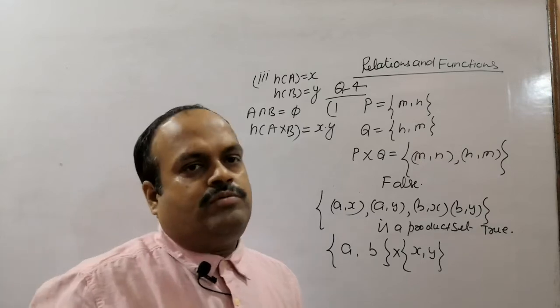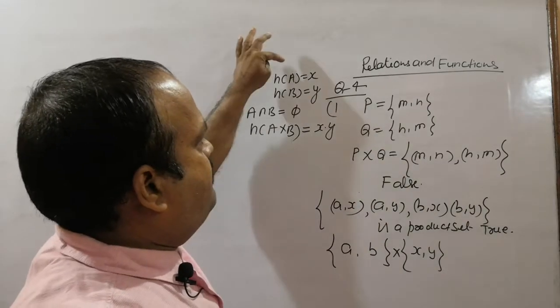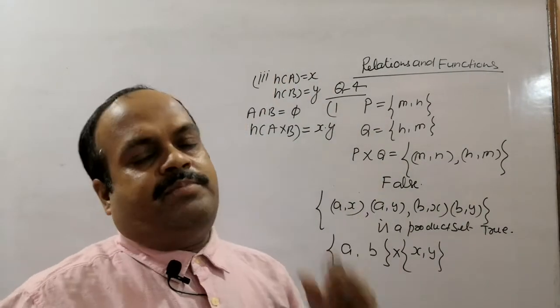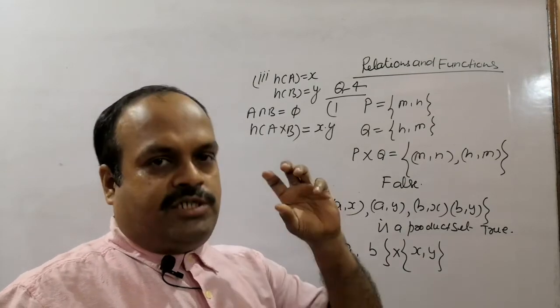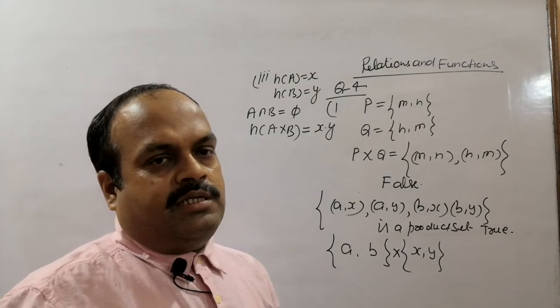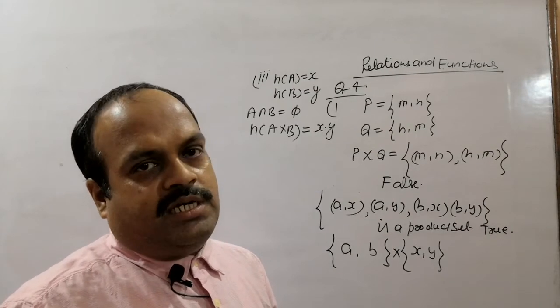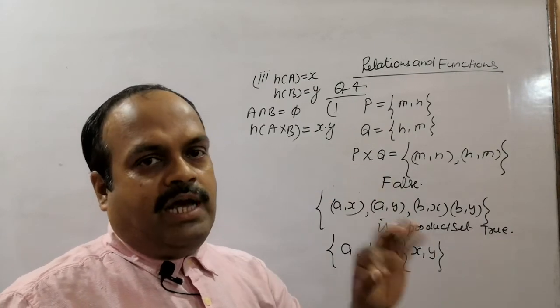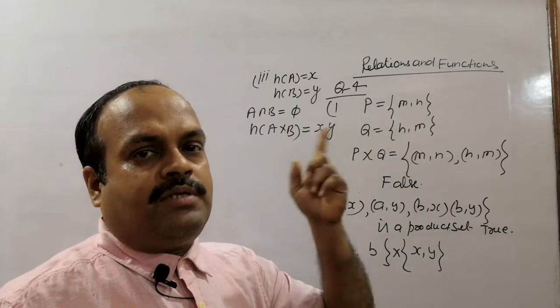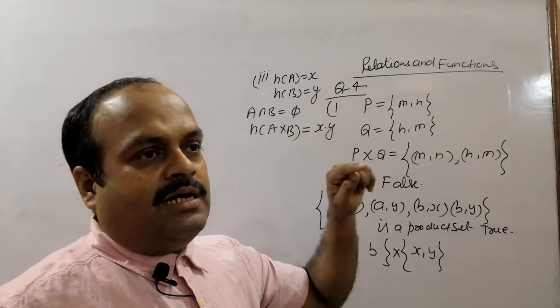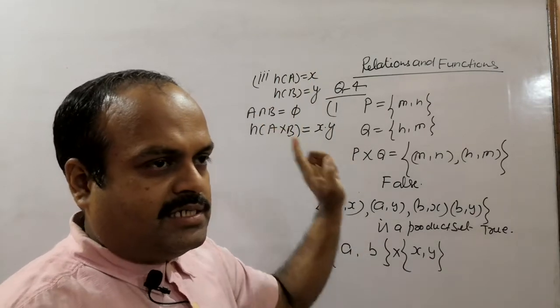Yes, it is true. If A and B are non-empty disjoint sets, then A cross B will have elements equal to the product of the cardinal numbers of the first set and second set.